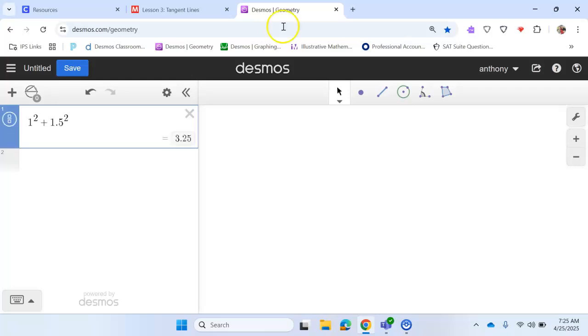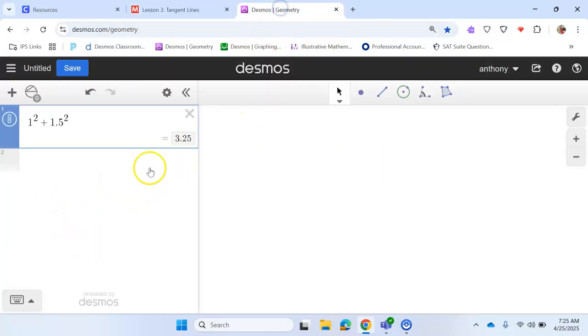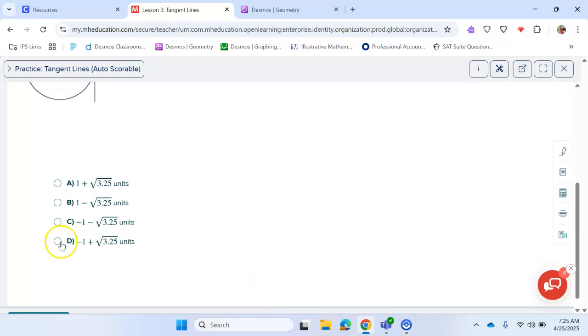We would take the square root of 3.25, and finally subtract the radius, which is 1. That would be segment BO. So it would be the square root of 3.25 minus 1, or negative 1 plus the square root of 3.25.